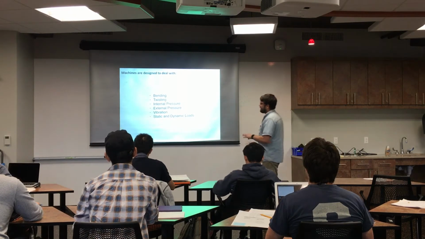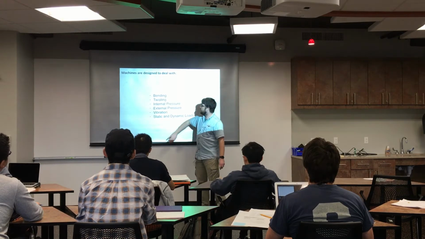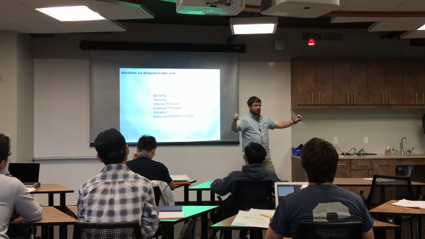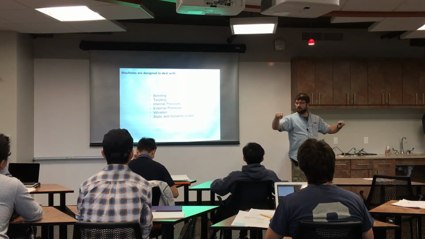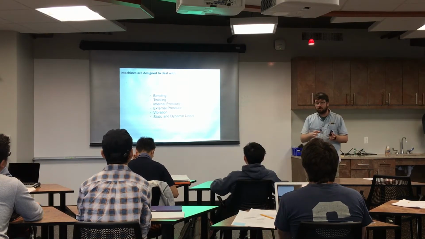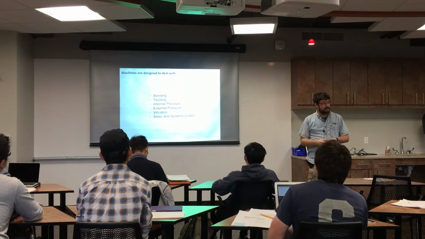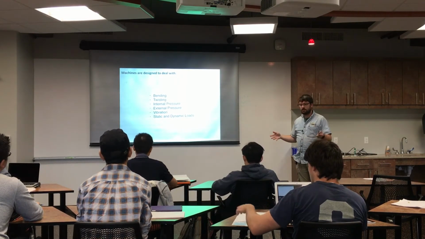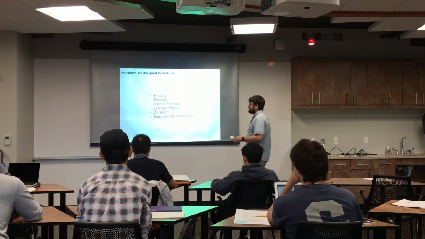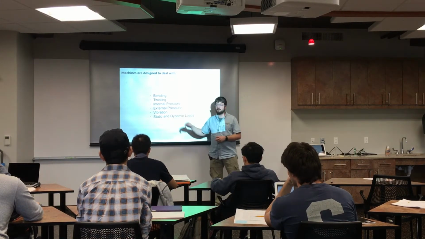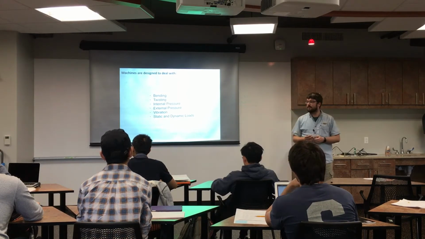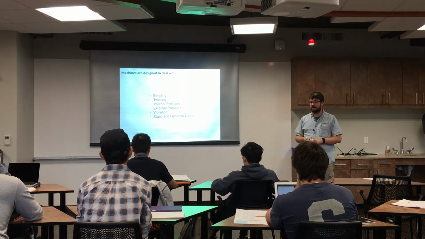Anything that you design is going to have to deal with all of these things. There's going to be bending and twisting involved, some kind of bending of a beam or torsion on the beam. There's going to be internal pressure possibly, especially if it's a lab device, and external pressure, even if it's just atmospheric pressure. If it moves, it's going to vibrate in some way, shape, or form, and we generally want to minimize that unless its purpose is to vibrate, in which case you need to do very careful design.